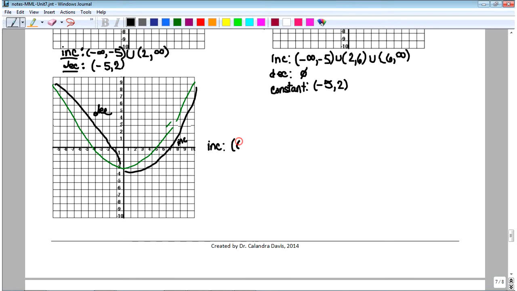So that will be from an x value of 0 to positive infinity. It never stops increasing. My function is decreasing for any negative value of x until I get to an x value of 0. So from negative infinity to 0.